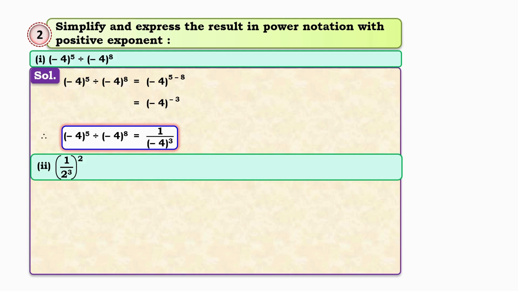Now the next question, (1 by 2 to the power 3) to the power 2. So here we are going to apply (a by b) to the power m equal to a to the power m by b to the power m, that law.